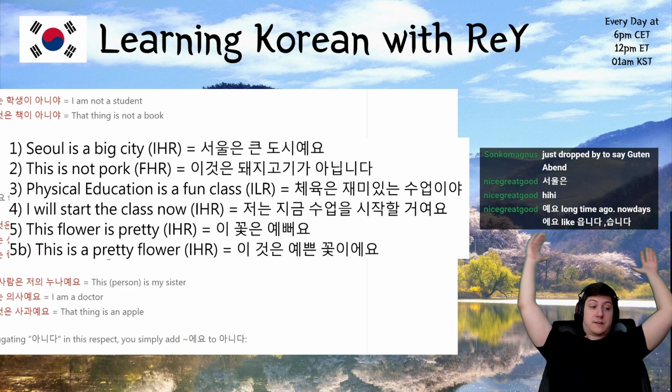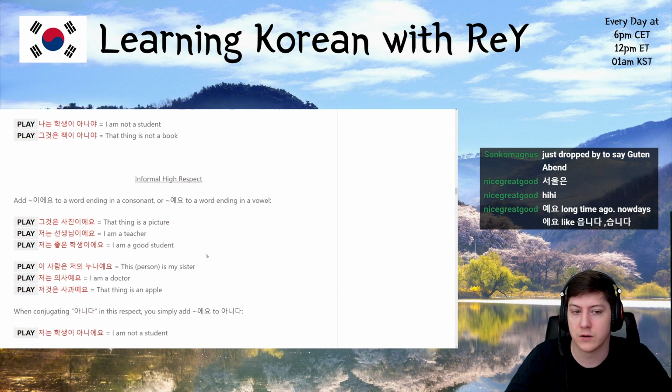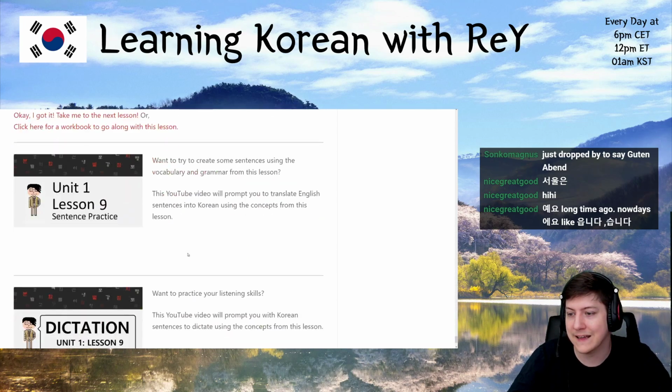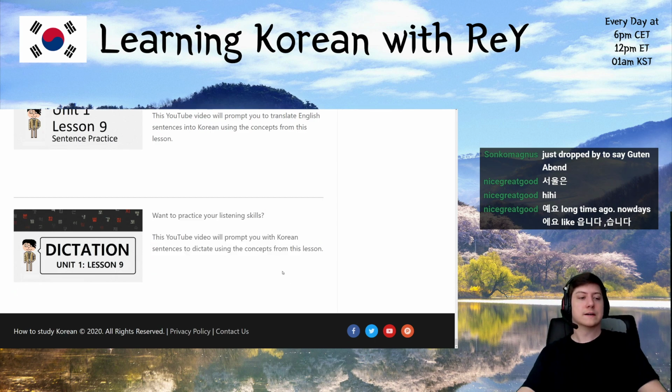And yeah, next time we will just go for the last video. We will go for this dictation video. That will be the next thing we do tomorrow at 6 p.m. Yeah, and then we have lesson 9 completed. Then I guess we'll just start with lesson 10, vocabulary. No break.